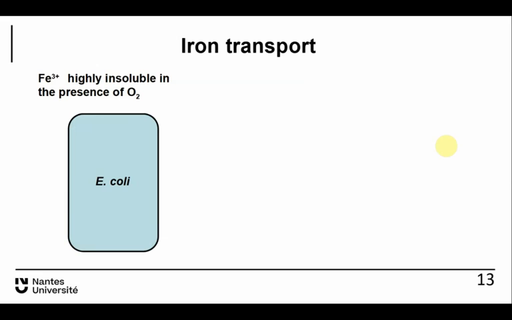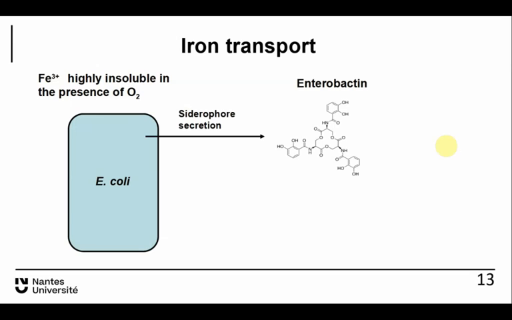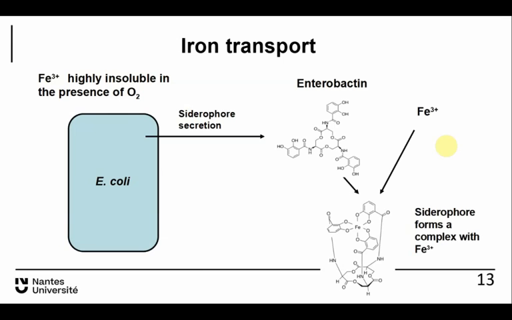So the way that many bacteria do this, including E. coli, is to secrete a molecule called a siderophore. And the siderophore here, which is called enterobactin from enterobacteria, can chelate iron at a very high affinity and will form a very, very stable complex which can pick up iron at a really tiny concentration.